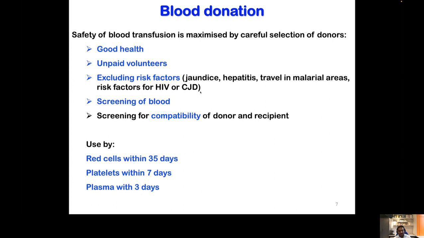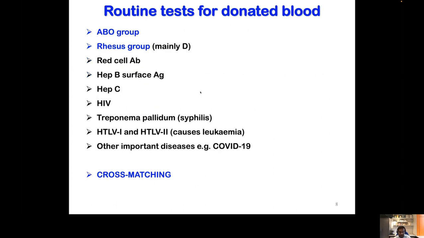And platelets have a lifespan of around 7 days, and they have to be used within 7 days in order to benefit the recipients. And fresh plasma has to be used within 3 days. Sometimes they may store specific components isolated from plasma for some time in freezers, and it will be used at a later date. But mostly they will be used as quickly as possible. So these are the criteria and use dates for the blood that we are donating.